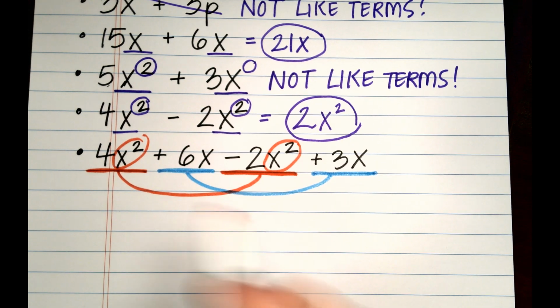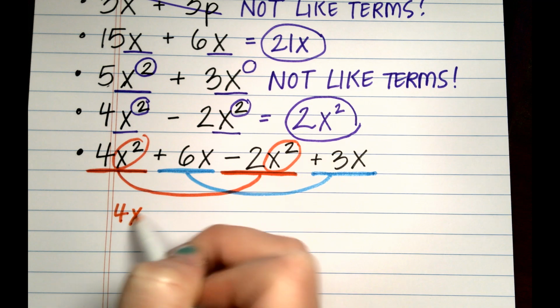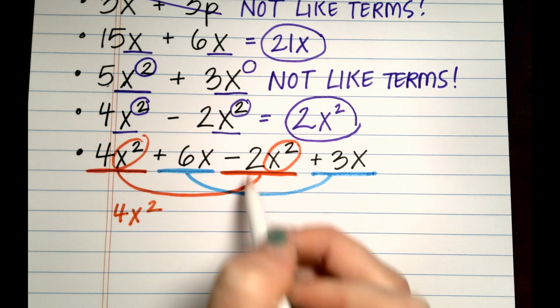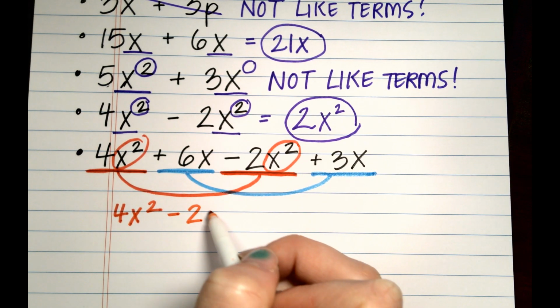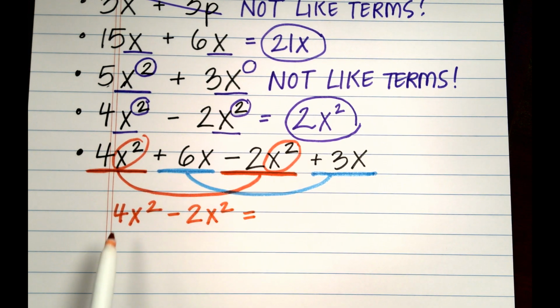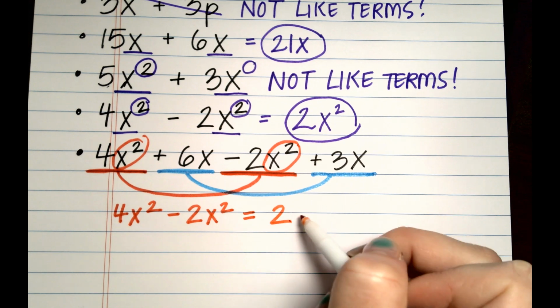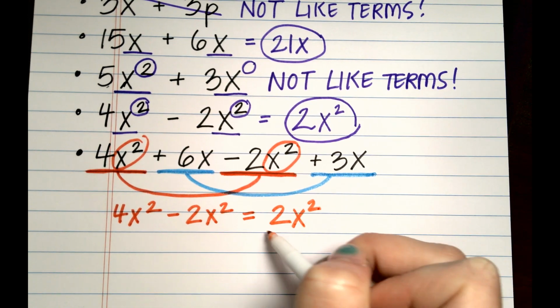Let's write these out separately. I'm going to write 4x squared minus 2x squared. What is 4x squared minus 2x squared? 2x squared. So I've got that.